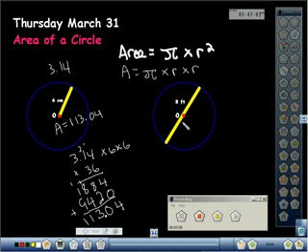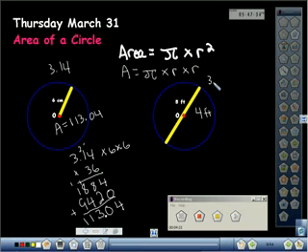Now let's look at this second one. Notice on this one they're giving us the diameter. Now if you remember back to what we learned previously, the diameter is double the radius. So if the diameter is 8, that would make the radius what? You guys had said 4. You're exactly right. That would be 4. So 4 feet would be the radius. Now we're going to plug in that same formula.